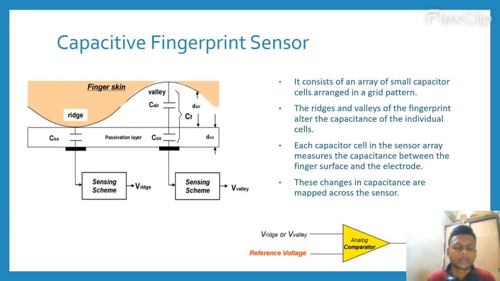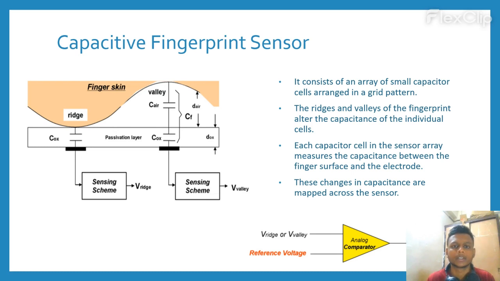It works on the principle that the capacitors are charged, and when the ridges of the fingerprint come in contact with these charged capacitors, some charge transfers to the ridges of the fingerprint, and as there is a distance between the valleys and the capacitor plates, there is a variation in the capacitance of these charged capacitor plates.